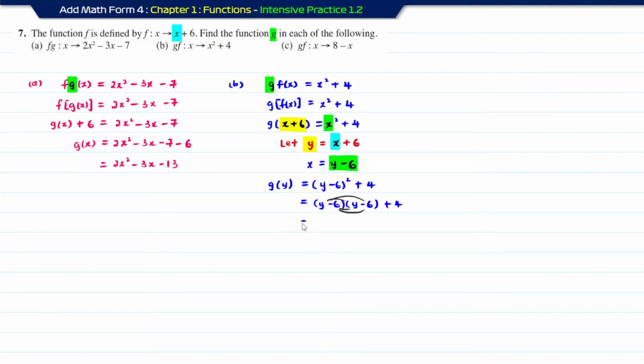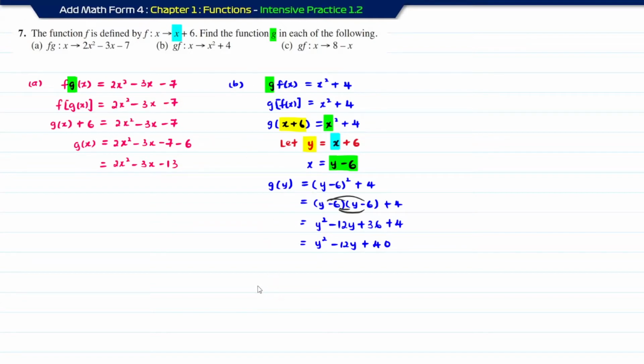After you expand it, you're going to have y squared minus 6y, another minus 6y, so in total you have minus 12y plus 36 plus 6. Solve for the like terms: y squared minus 12y plus 40. So this is the function g with an input of y.